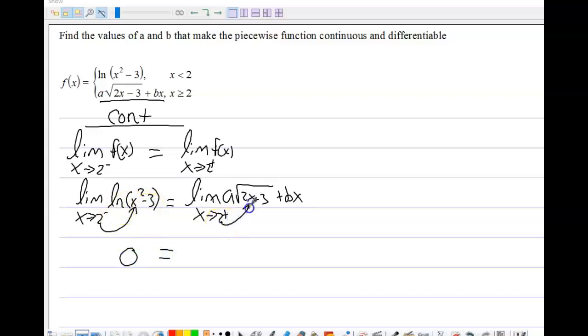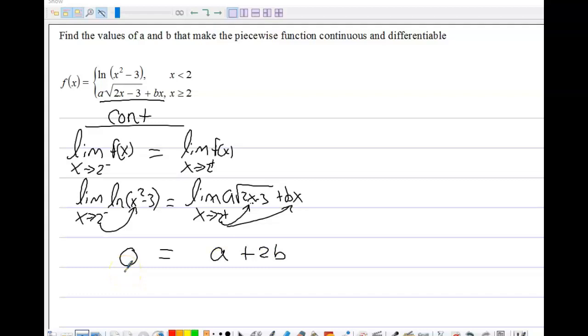Here, direct substitution, 2 times 2 is 4, 4 take away 3 is 1, the square root of 1 is 1, and a times 1 would be a, plus, plug in your 2 here as well, and you get 2b. So, in order for this thing to be continuous, a plus 2b would have to come out to equal 0.